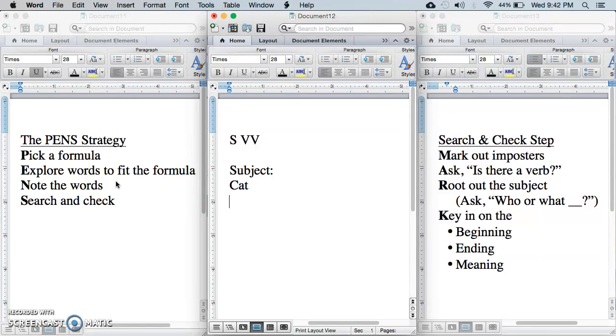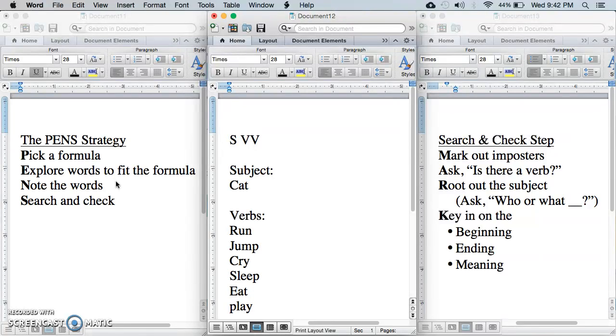So, what are some verbs that cats can do? Cats can run, they can jump, they can cry or meow, they can sleep, they can eat, and they play.